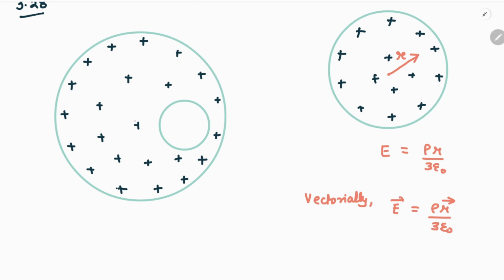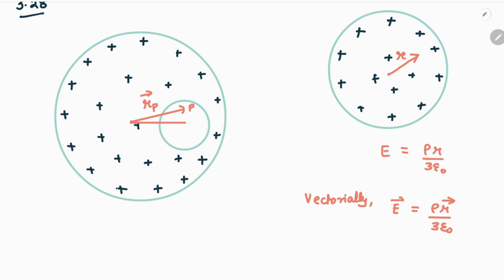Now over here in this problem, with respect to the center O, the problem is asking us to calculate the electric field strength E inside the cavity. So if I calculate electric field strength at any point over here, let us say P, this point is inside the cavity, so we are considering this vector as rp vector.